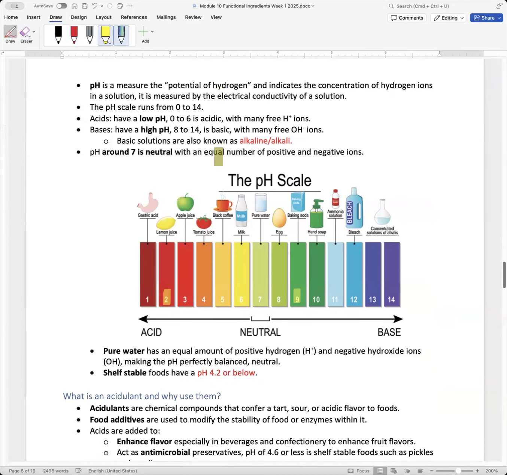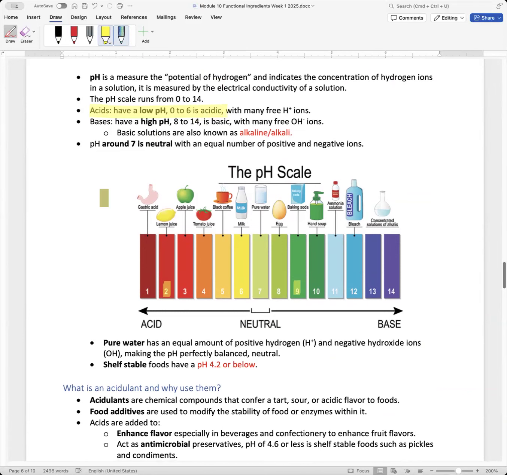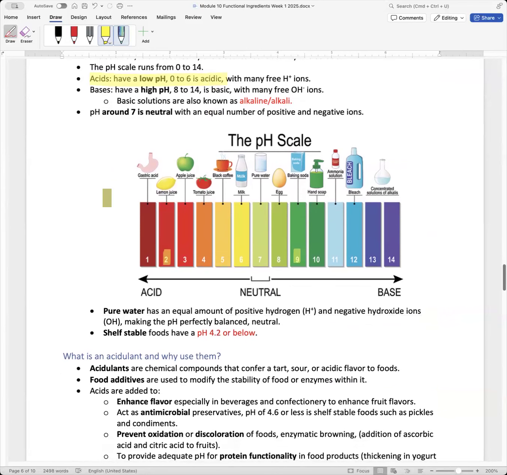So the pH of acids is low, 0 to 6, and the pH of bases is 8 to 14, and then of course neutral is 7.